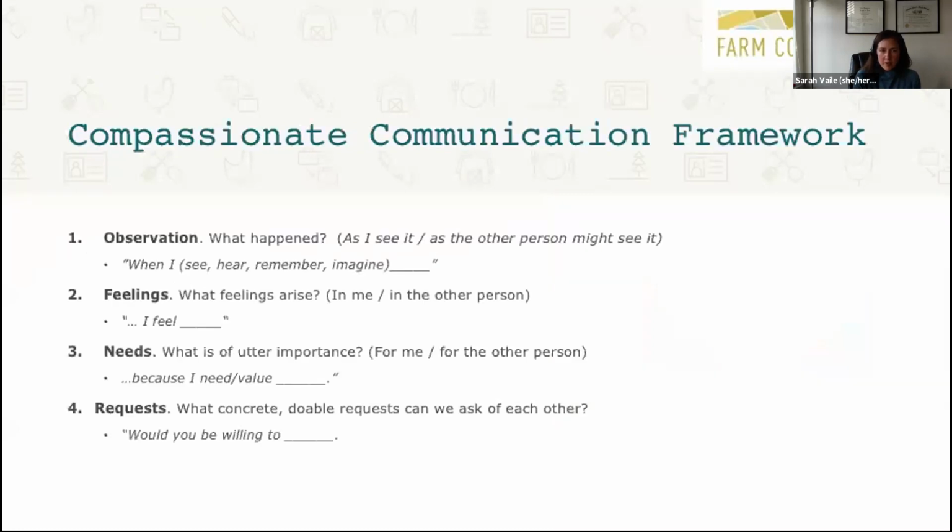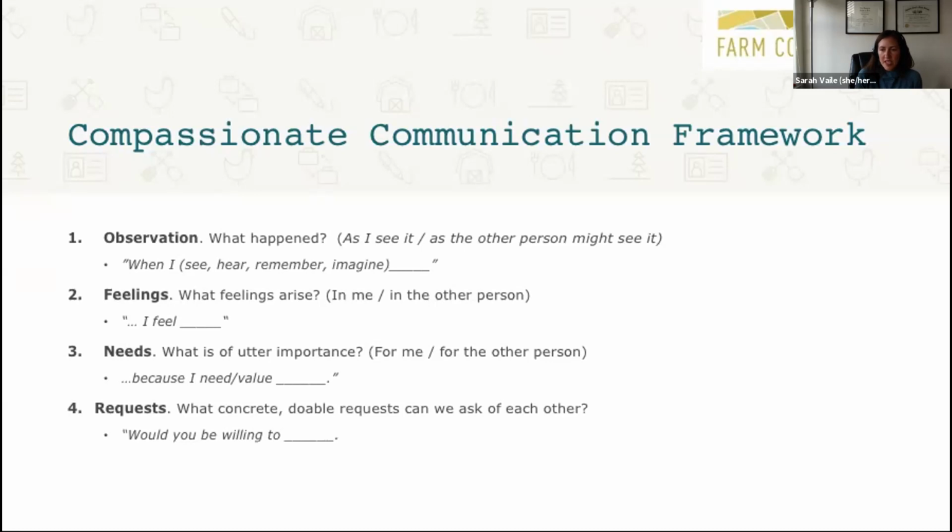So here's how it works. The 4 steps of compassionate communication are: number 1, observation; number 2, feelings; number 3, needs; and number 4, requests. We begin by asking ourselves to describe the facts of what happened, free of judgment or blame. In other words, what did I observe? What might the other person have observed?